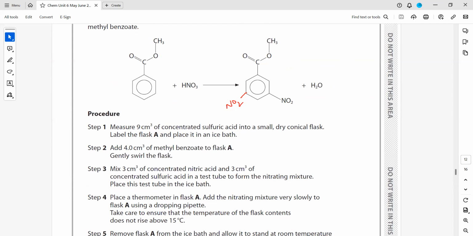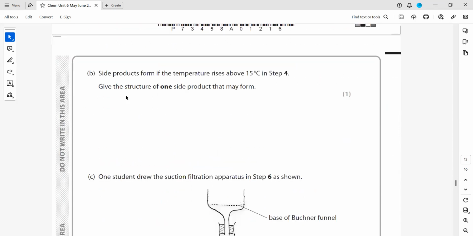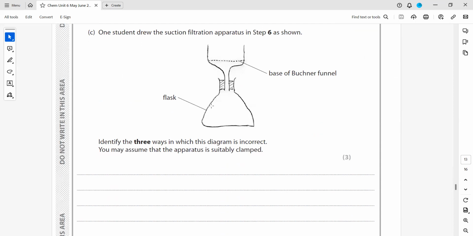Some of these positions are known as ortho and some as para. So multiple nitration is acceptable. You can draw NO2 here, you can draw NO2 here. Even if you draw just one of them, that is also fine. The idea is that multiple nitration might occur. That's why, to prevent multiple nitration, we should use a temperature below 15.